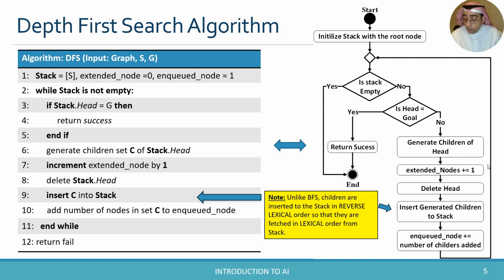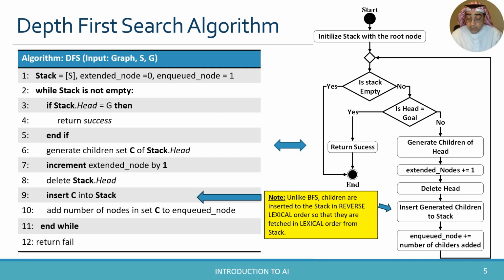So how many nodes have been enqueued inside of this stack, okay? And then you keep repeating this until you find either the goal or the stack is empty. If the stack is empty, then you basically do not have the goal inside the tree that you're trying to search, okay? But we'd like to stress that you have to insert everything in lexical order, okay?